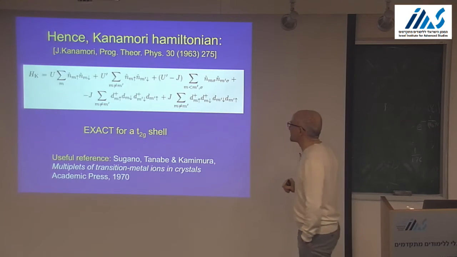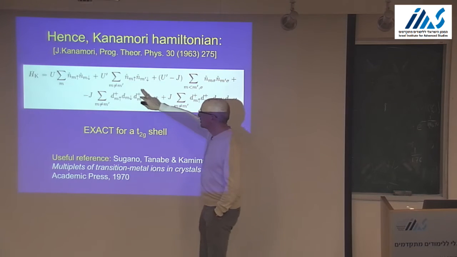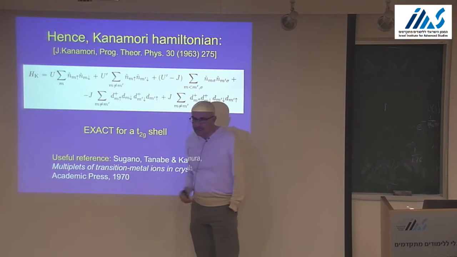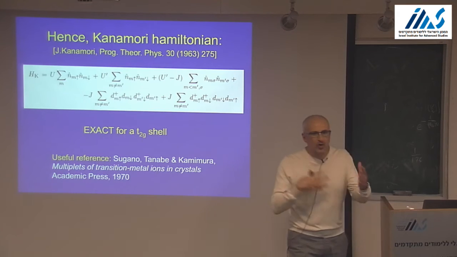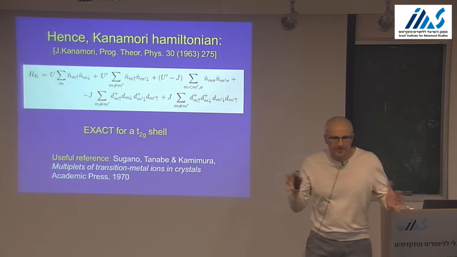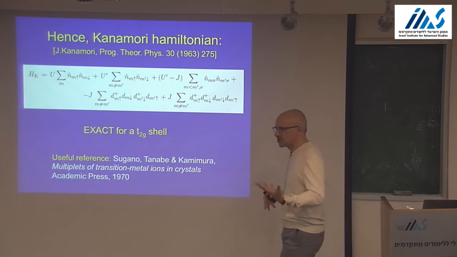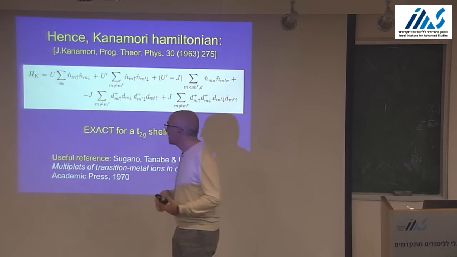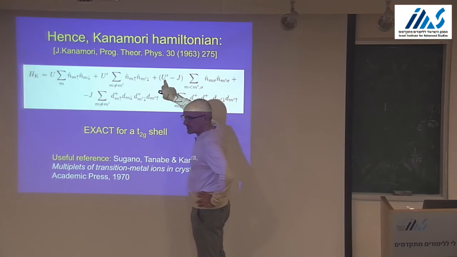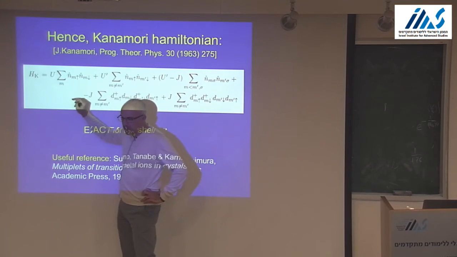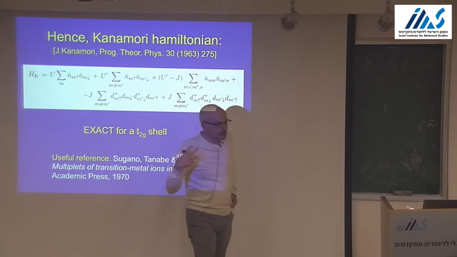Something has happened. If you furthermore assume that the Coulomb screened potential has almost spherical symmetry, which for very localized orbitals may not be such a bad approximation, then you can show that this U prime is actually related to U and J by U prime equal U minus 2J.